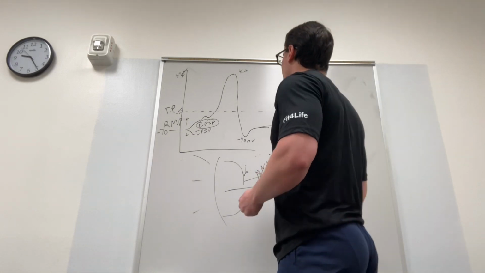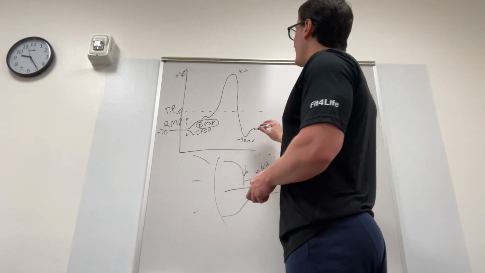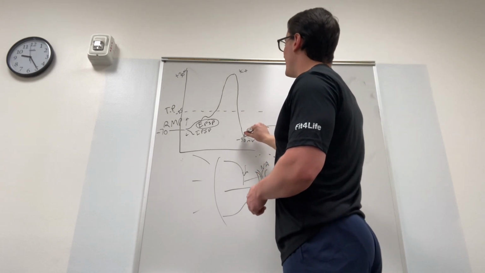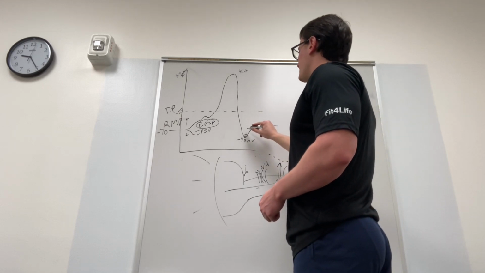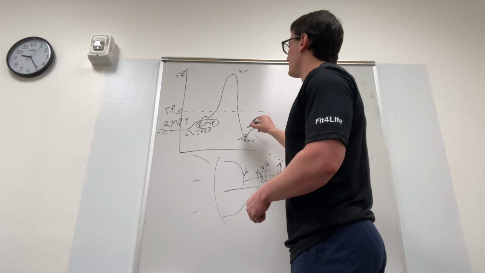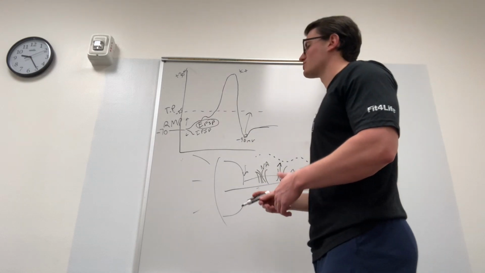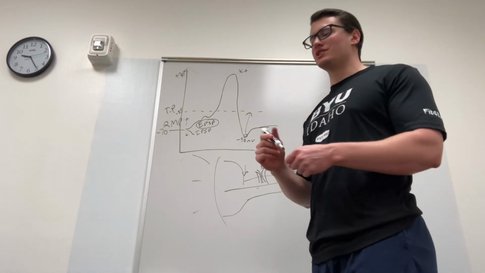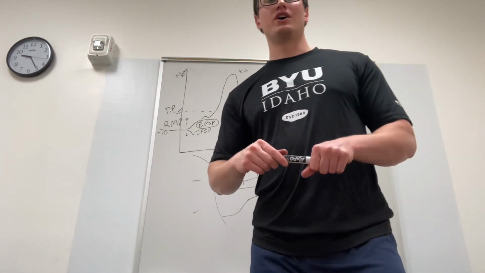The relative refractory period is actually a period of time where we're able to get another action potential off, but maybe we're down here. So obviously, in order for us to actually get another action potential, it's going to take a lot more of a stimulus to get us back to threshold potential so that we can reopen those voltage gated channels so that we can have another action potential.